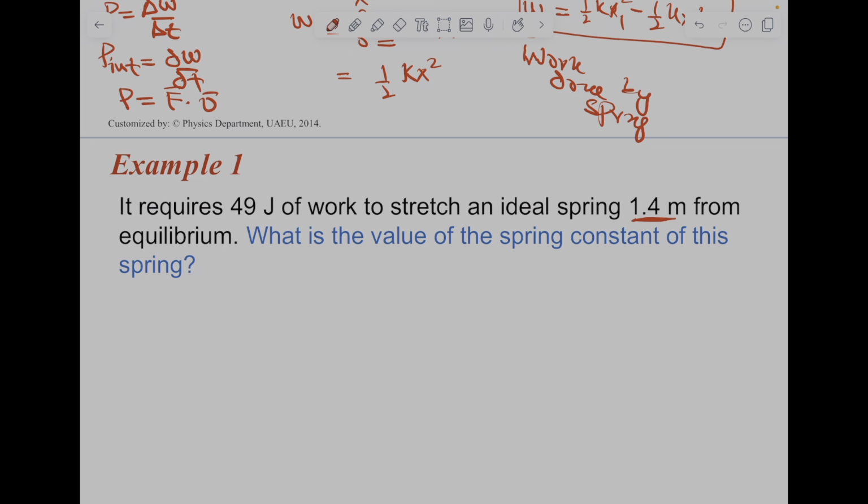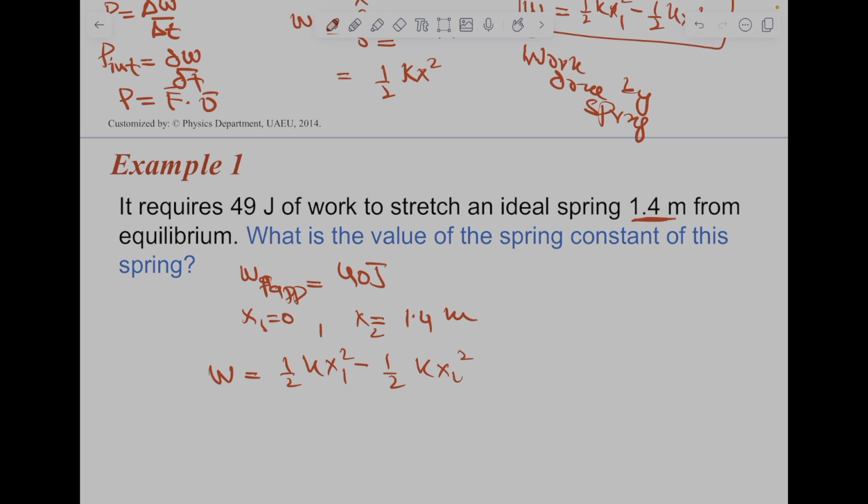The work applied by the force is given as 49 joules, and you move from the equilibrium position 0 to x equals 1.4 meters. The work done is 1/2 kx1 squared minus 1/2 kx2 squared, the change in work.